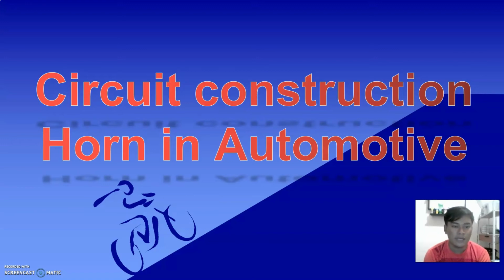Before I continue to the circuit construction, I'm going to explain a bit about what a horn is. Horns are used in a lot of automotive, such as cars, motorcycles and lorries, and even trains use a horn.